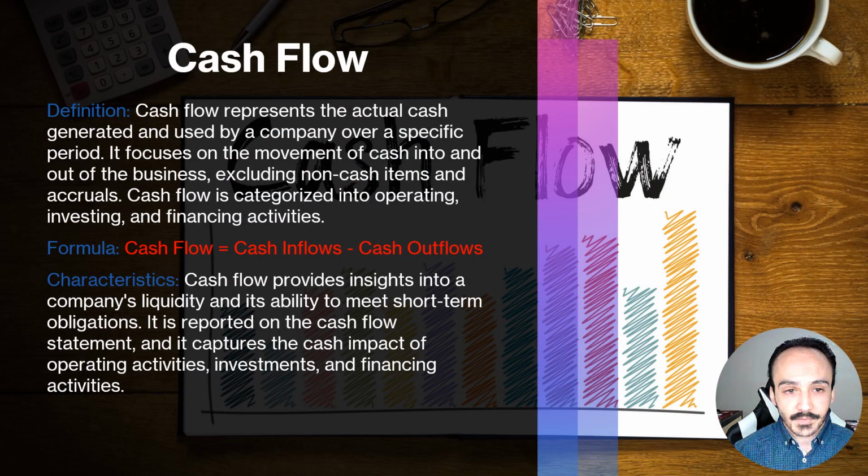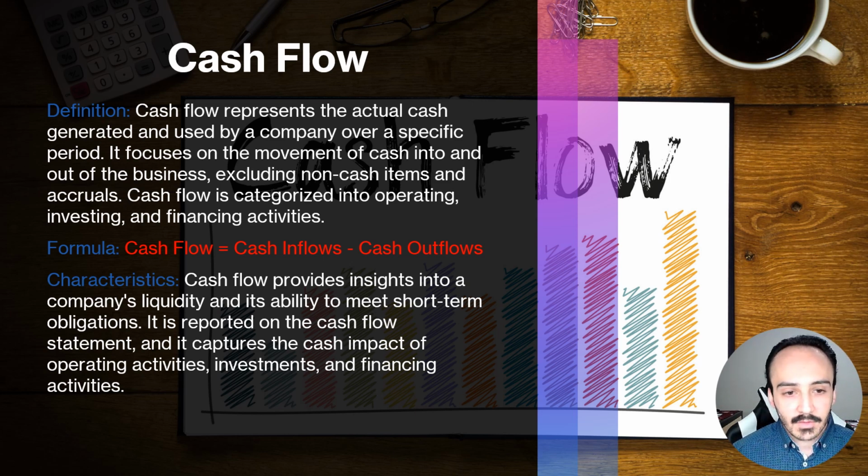accounting rules. The cash flow definition: it represents the actual cash generated and used by a company over a specific period. It focuses on the movement of cash into and out of the business, excluding non-cash items and accruals. Cash flow is categorized into operating, investing, and financing activities.